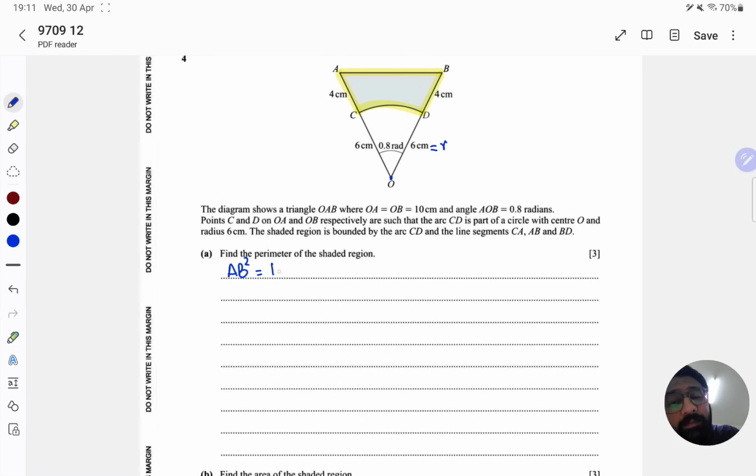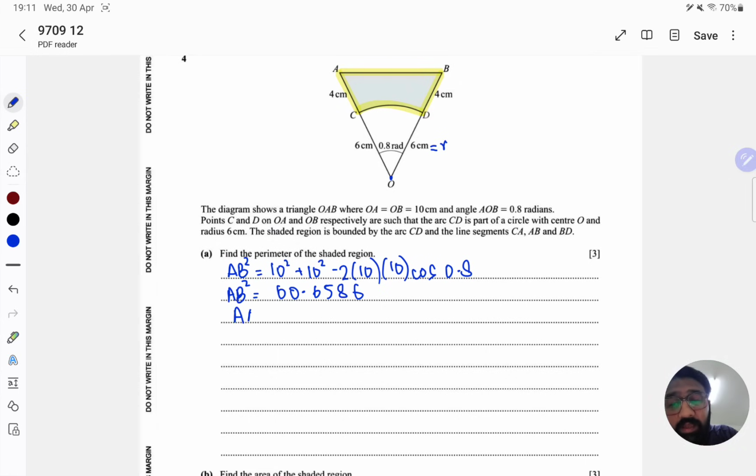The cosine rule will be 10 squared plus 10 squared minus 2 times 10 times 10 cos 0.8. So it will be 100 plus 100 minus 200 times cos 0.8. If I simplify, the AB squared value will be 60.6586.